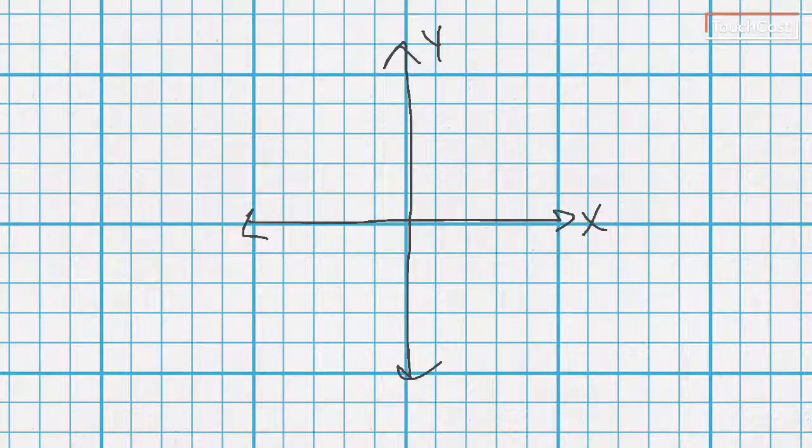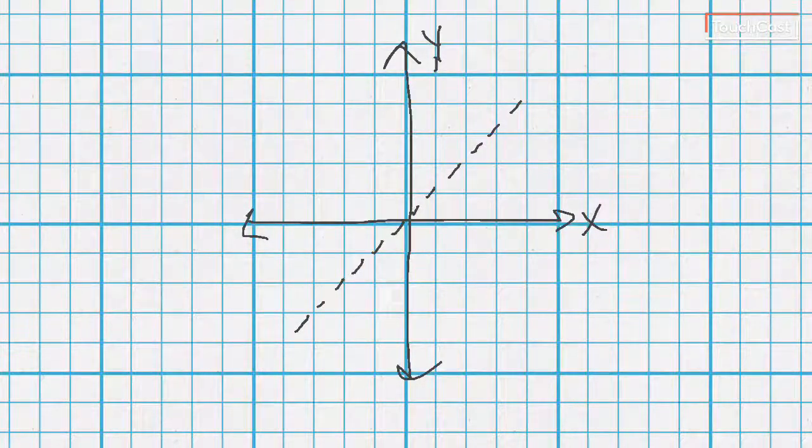Now that line goes through the origin, and if we have a rise over run of 1, our slant asymptote, and mine's a little bit off, but it's going to look roughly like this.